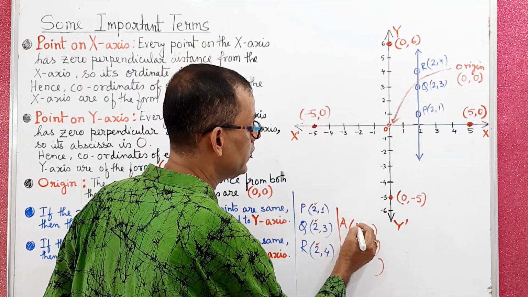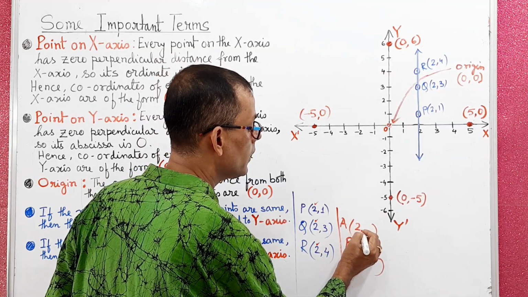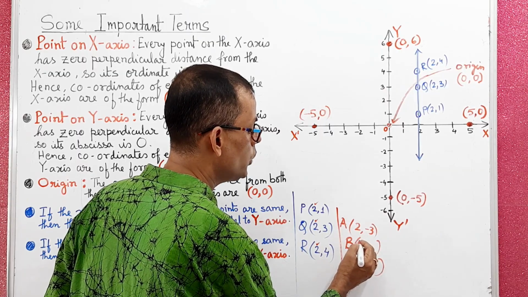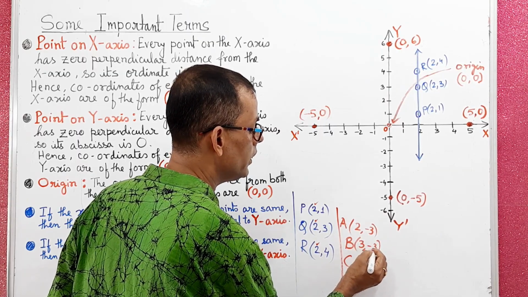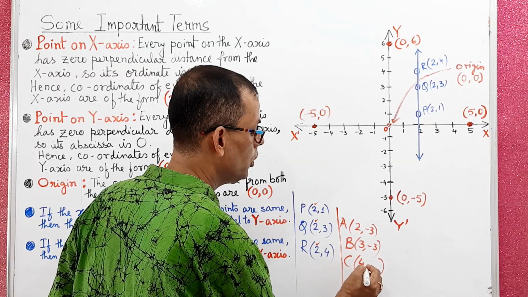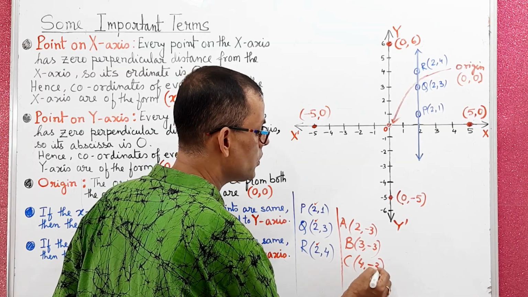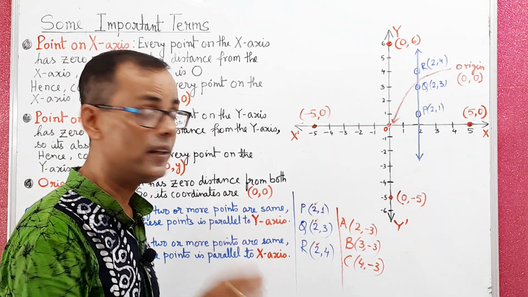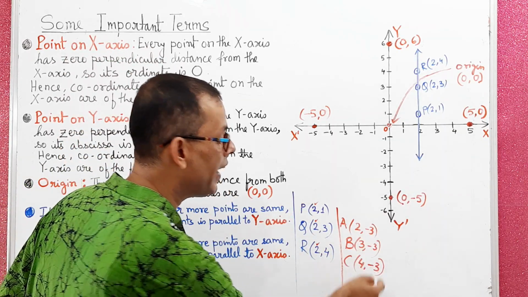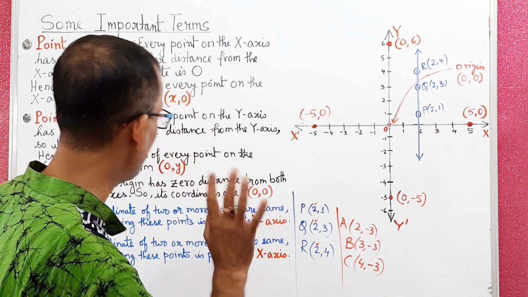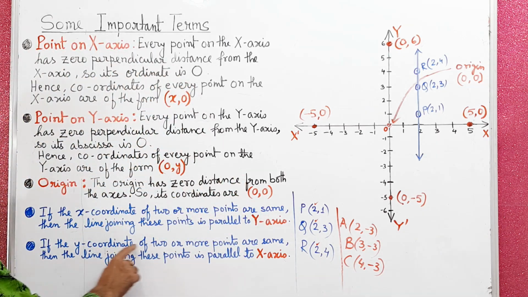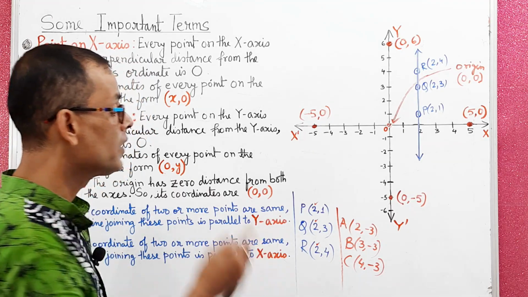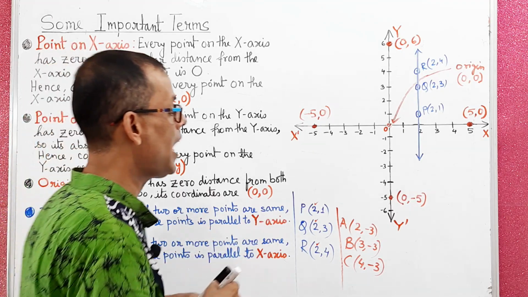Here let me take 2, minus 3, then 3, minus 3, and then 4, minus 3. If you see nicely, in all the 3 points the ordinate value, that is the y coordinate value, is the same. So if the y coordinate of 2 or more points is the same, that is what they are telling. So if it is the same, then what is happening?